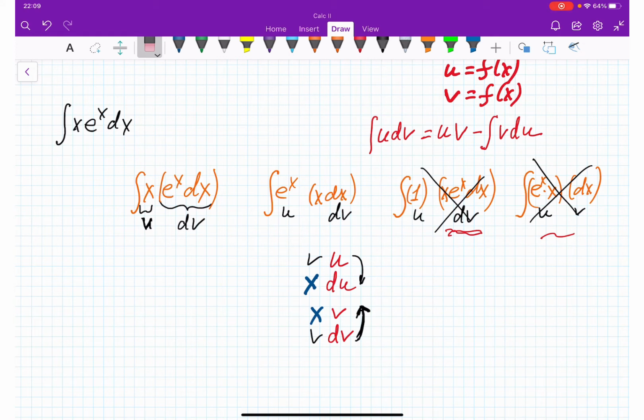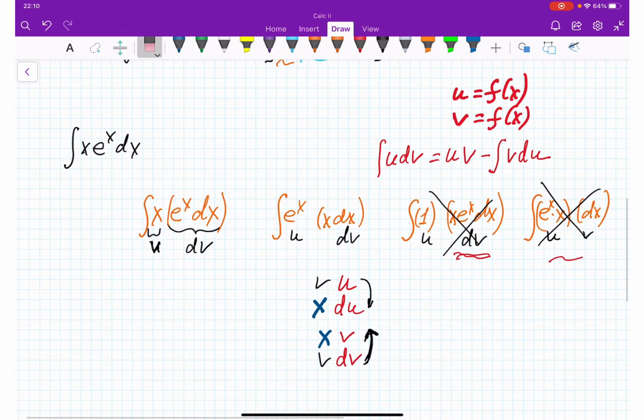At a glance you can see that it could work in the first one and the second one, because for e^x dx the integral is going to be e^x, which is pretty straightforward, and the integral of x dx is also easy, it's x squared over 2.